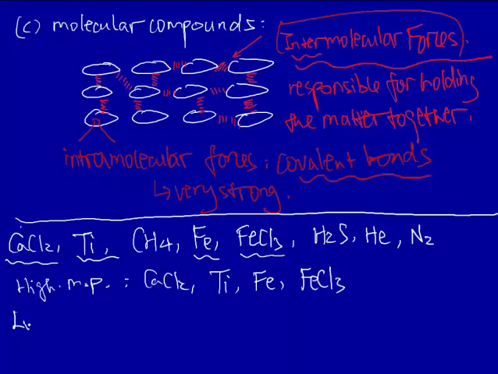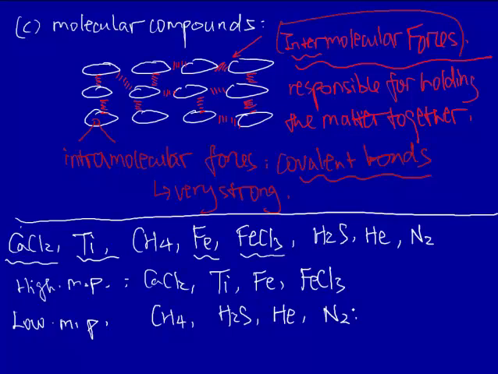The ones with low melting points will be CH4, a molecular compound, H2S, a molecular compound, and the elements, monatomic and diatomic. So you can separate them quickly just by looking at the three big groups of interactions that hold matter together, which determine the melting points of those substances.